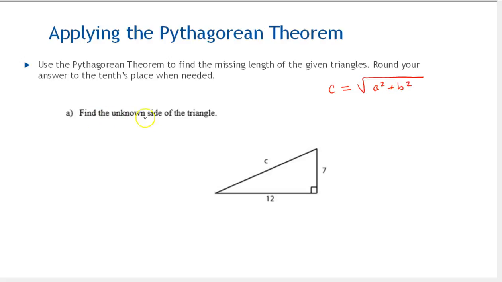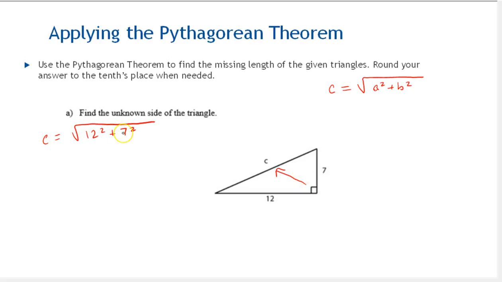So find the unknown side of the triangle. So notice here, we're given the two legs, they're making up the right angle, and we're missing the hypotenuse C, which is opposite the right angle. So C is going to be the square root of 12 squared plus 7 squared. Okay, and I could have written 7 squared plus 12 squared.